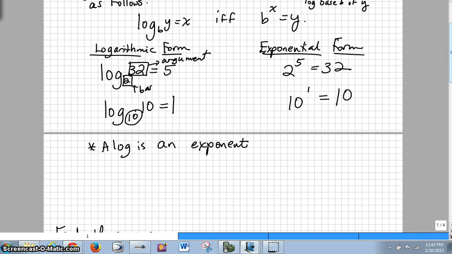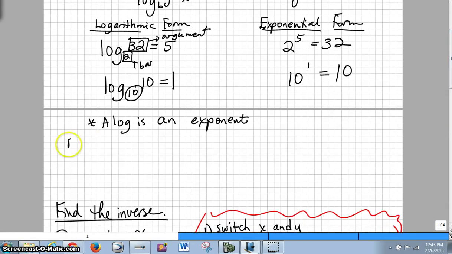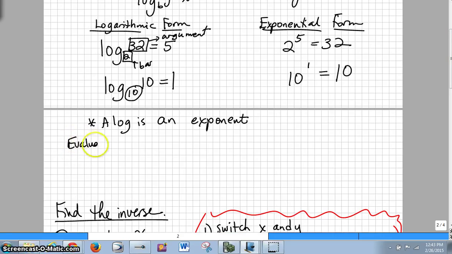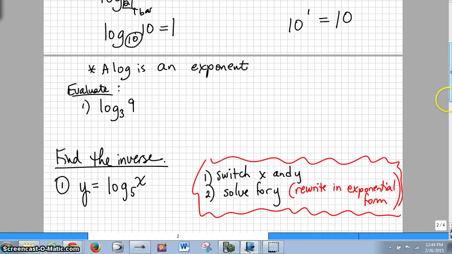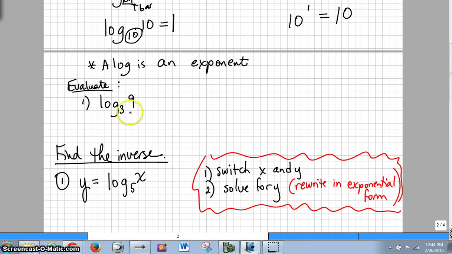Alright, so we can evaluate some logarithms knowing that. Evaluate means to find the value of. We can evaluate log base 3 of 9. Log base 3 of 9 is an expression for a logarithm, which is an exponent. Remember, a logarithm is an exponent. So when I evaluate a logarithm, I'm finding an exponent.